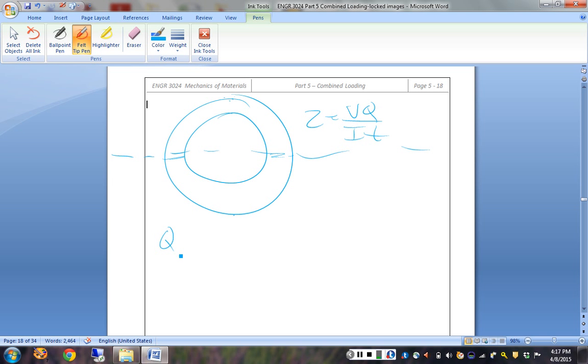We can think about it in terms of the Q of the outside minus the Q of the stuff that's not there. So this is A prime y bar of the outside minus A prime y bar of the inner part.